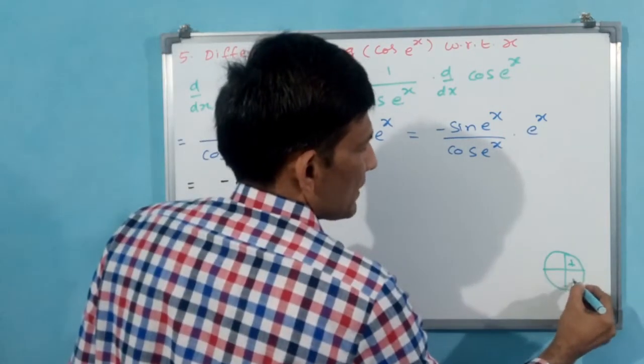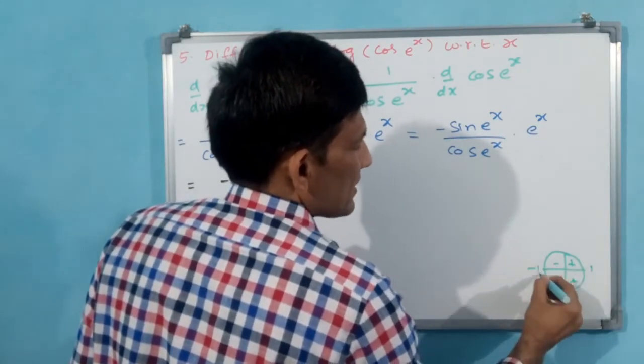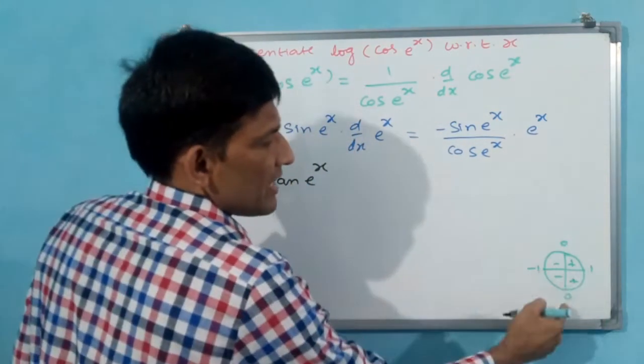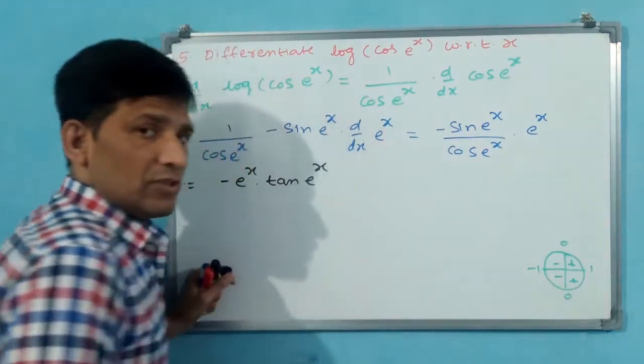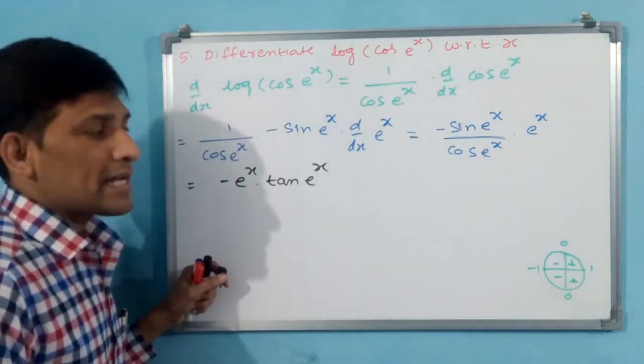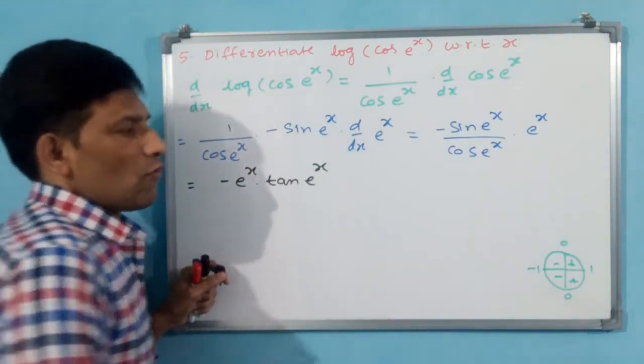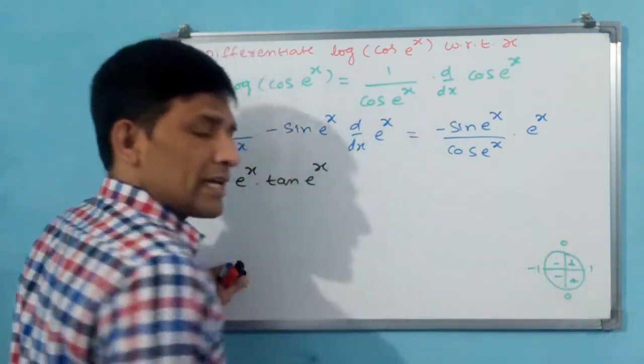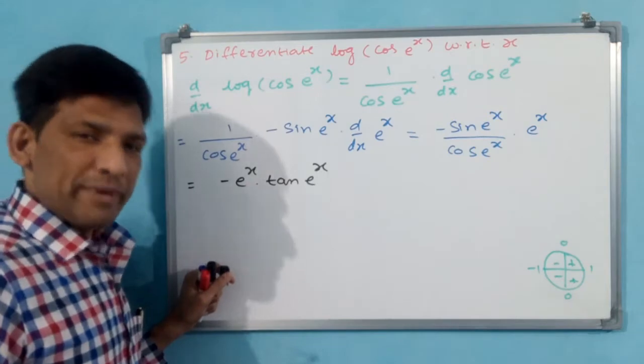Plus, plus, minus, minus, 1, minus 1, 0, 0. That means cos becomes 0 at both of these. What are those? 4n plus 1 pi by 2 and 4n plus 3 pi by 2 together are going to become 2n plus 1 pi by 2.